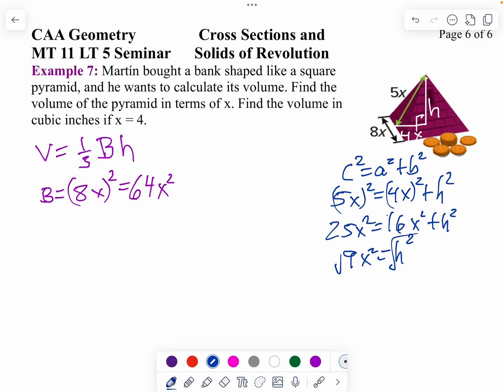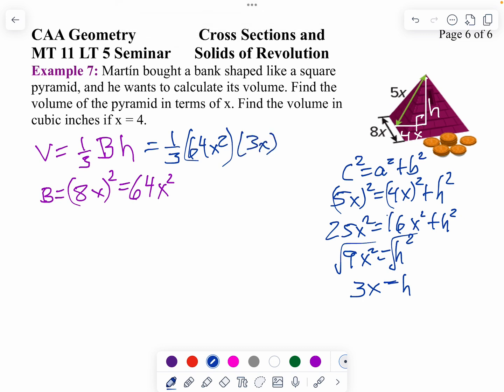Take the square root of both sides, we get 3x for the length of the height. So in other words, I get 1/3 times 64x squared, because that's my base. My height, I just found, is 3x.